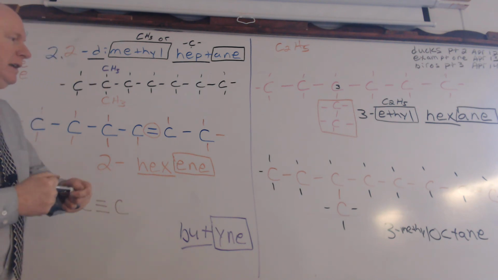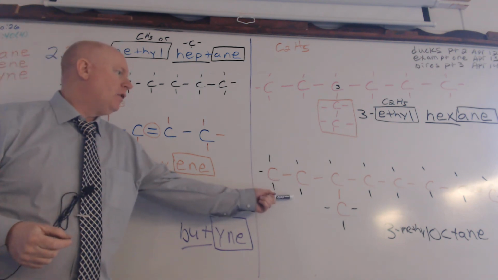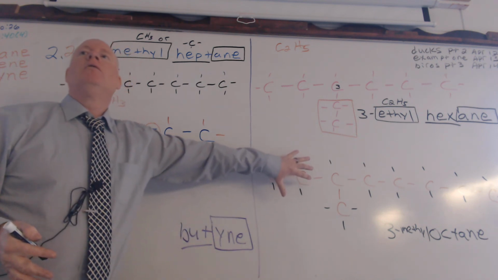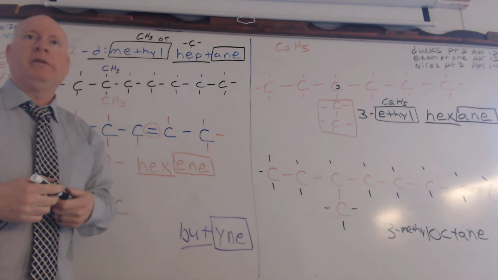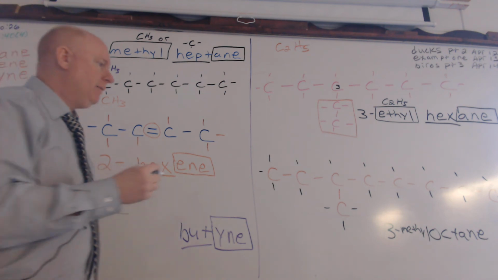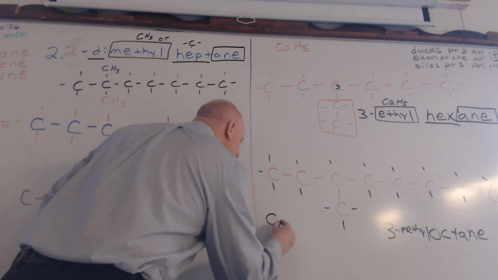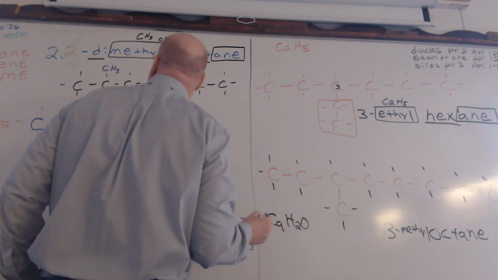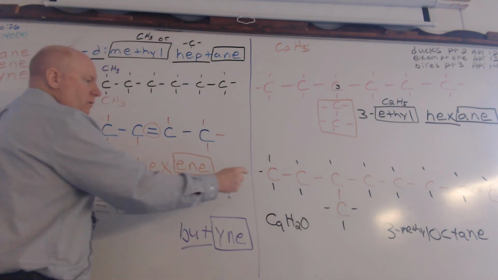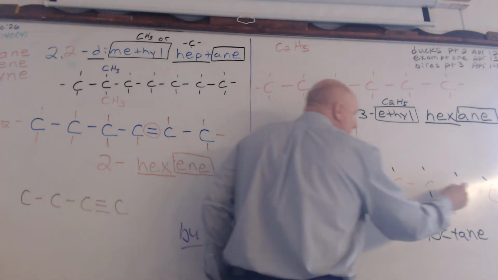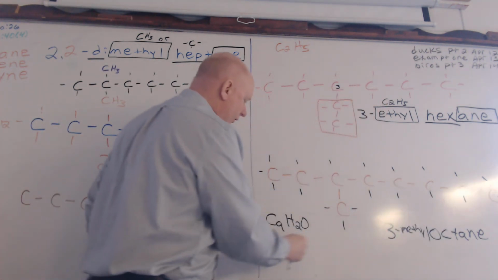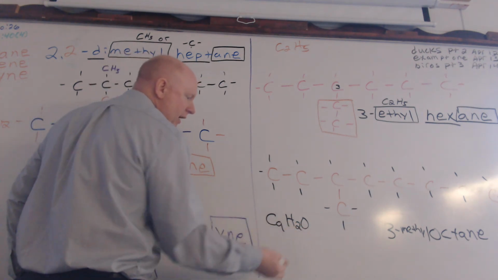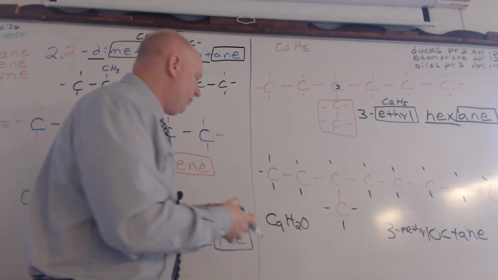So what is the molecular formula for this compound? This is the structural formula. What is the molecular formula? C9H20. So 1, 2, 3, 4, 5, 6, 7, 8, 9. There's our 9 carbons. So now that's 20, not H2O. Maybe I should make that a little smaller.